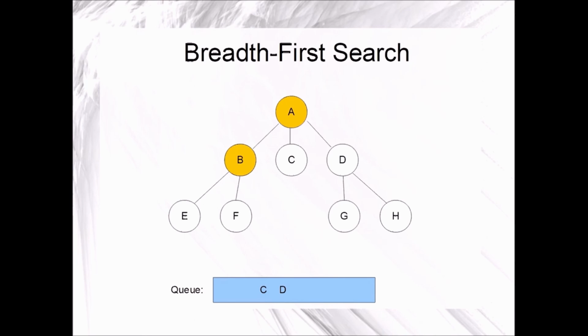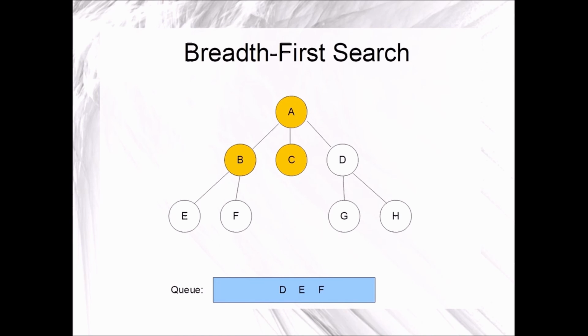Next, we'll enqueue all adjacent unmarked vertices. In this case, it'll be vertex E and vertex F. This ends the next repetition of the algorithm. Since the queue is not empty, we will have another repetition. That repetition will begin by dequeuing C and marking it.